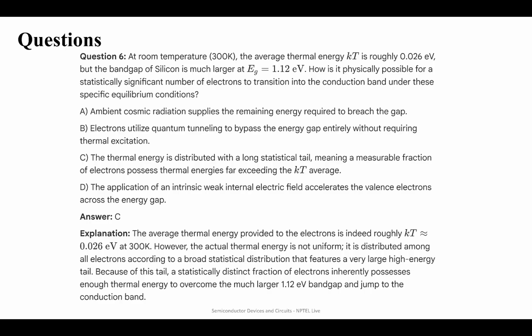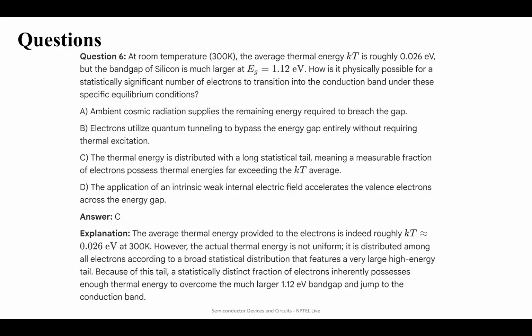The correct answer would be C. The average thermal energy provided to the electrons is indeed roughly kT equals 0.026 eV at 300 K. Here k is Boltzmann's constant, not the momentum vector k. So it is Boltzmann's constant times temperature, and when you multiply them, it comes out to be 0.026 eV for T equals 300 K. However, the actual thermal energy is not uniform.